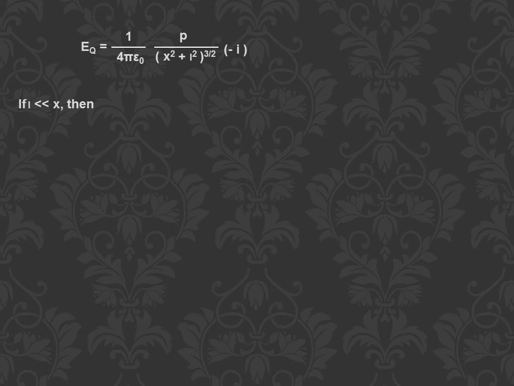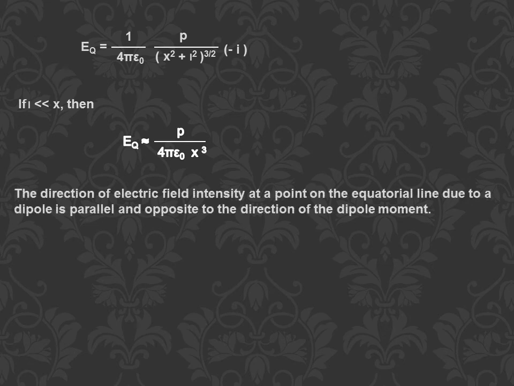If x is very much greater than L, then we can neglect L with respect to x, and we get the resultant value EQ nearly equal to P upon 4 pi epsilon naught x cube. The direction of the electric field intensity at a point on the equatorial line due to a dipole is parallel and opposite to the direction of the dipole moment.